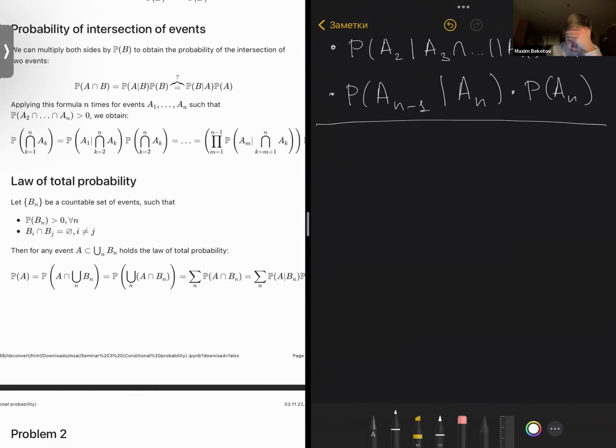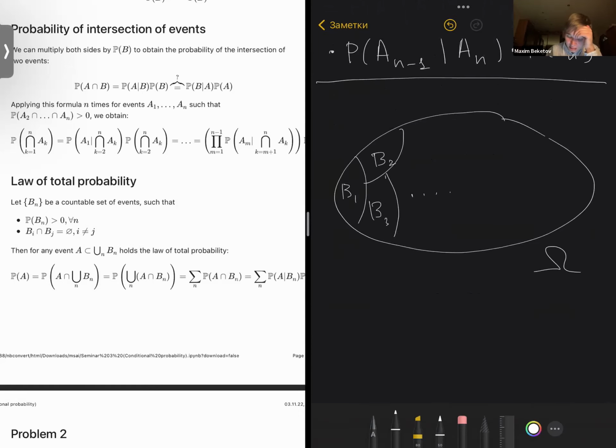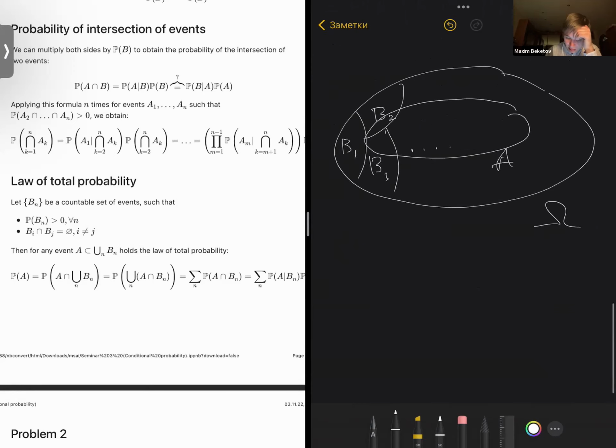The way I prefer thinking about it is, again, in pictures. You have the whole sample space omega, partitioned into sets B1, B2, and they are not intersecting. There's B3 and so on, maybe infinitely many. Then if you pick any event A inside of omega, how do you find the probability of A?